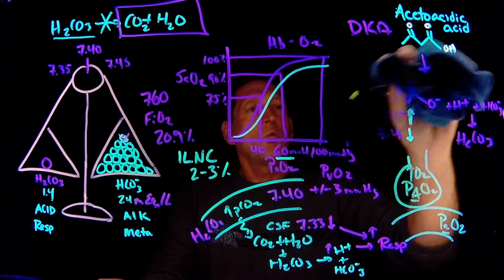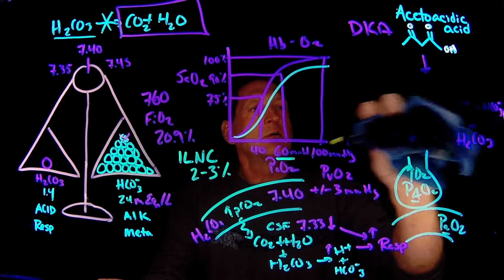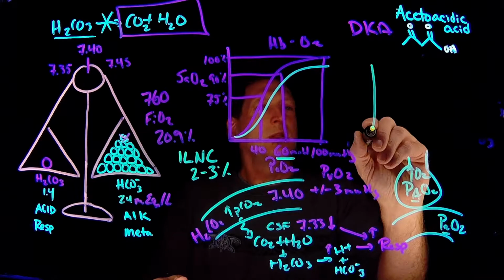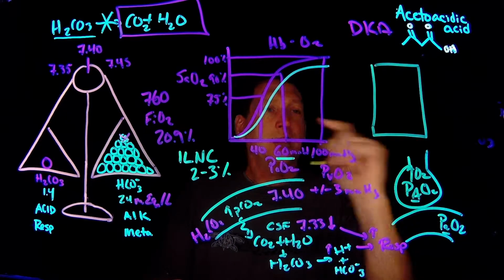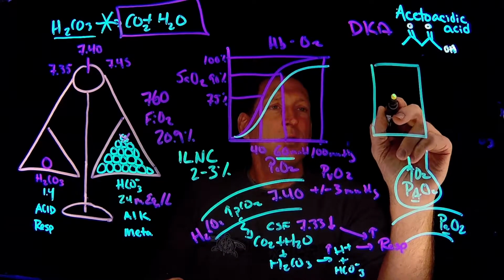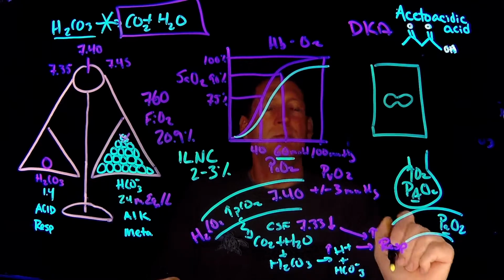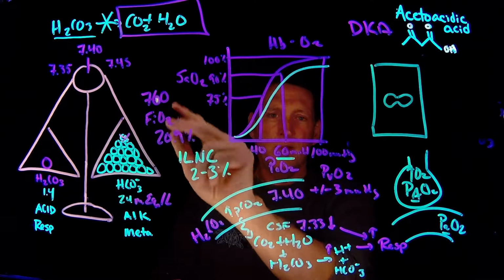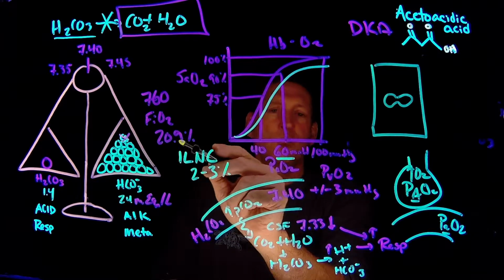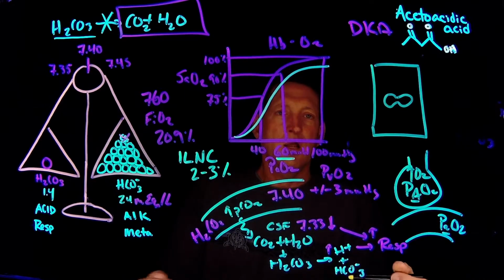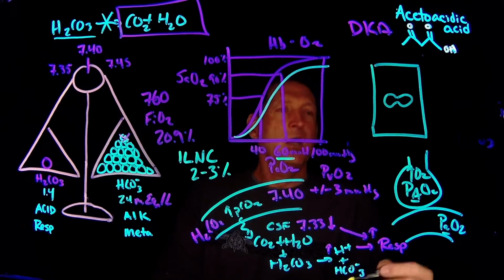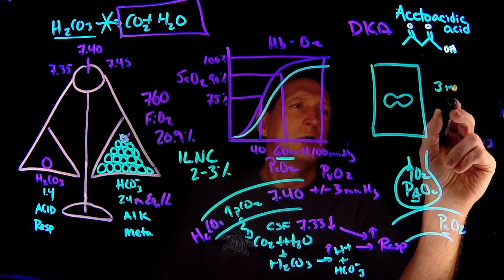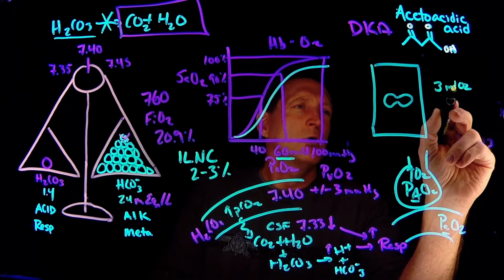One other thing to look at is what exactly is taking place in that situation. If we were to look at 1 liter of blood, within that liter of blood I've got red blood cells and I have plasma. In plasma, if I have met these criteria of 760 and FiO2 of 20.9%, afebrile, and normal pH, I know that I'm going to have about 3 milliliters of O2 per liter.